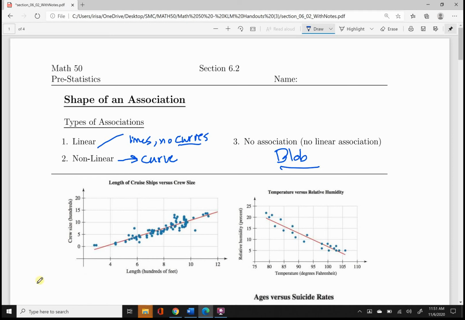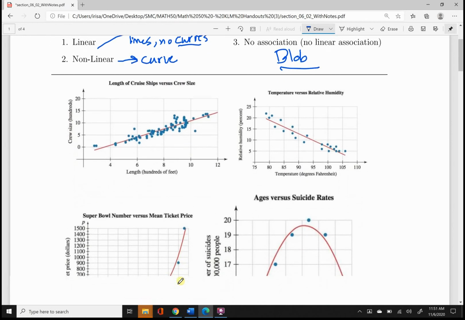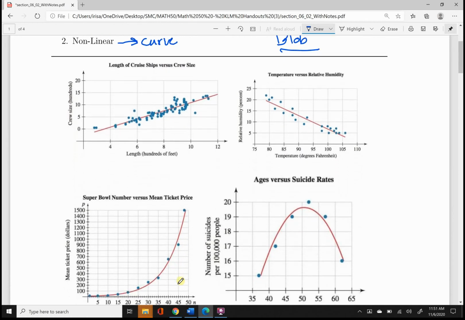Now, looking at these figures that are given as examples, we see linear associations for these first two. These are linear. And you see that they follow a line. Now, notice that the blue dots in either of these first two figures are not super tight and do not lie exactly on this red line of best fit.